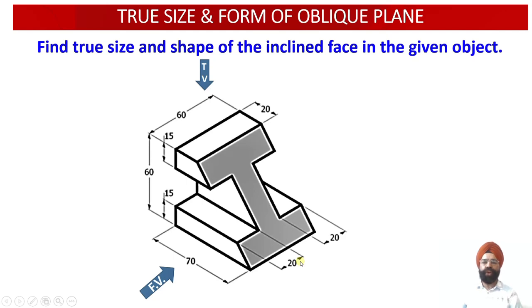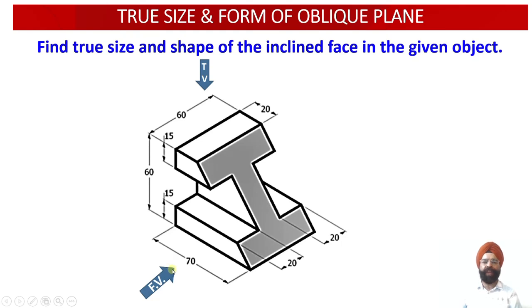So we are going to draw the front view of the solid from this orientation. When we look at the solid from this orientation in the front view, we find that we are able to observe this cut section in an edge view. So this inclined cut section will be available with us as an edge view in the front view once we are looking at the solid in this particular direction.